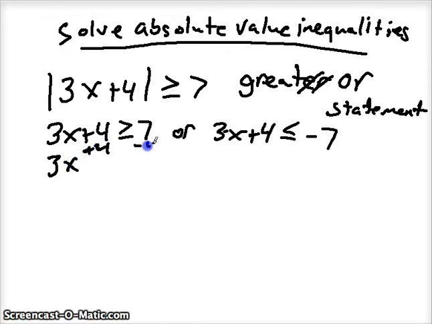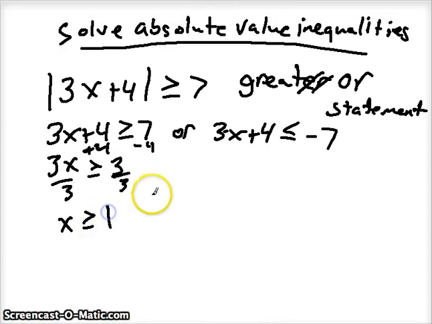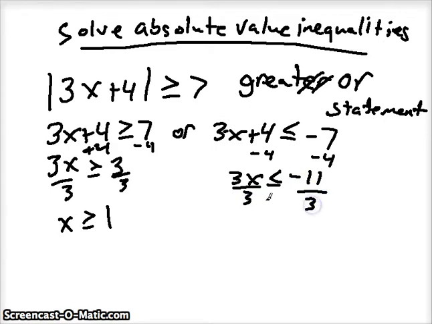So solve it the same way we would any other one. Subtract 4 from both sides. So we get 3x is greater than or equal to 3, and then divide by 3. So x is greater than or equal to 1. And this side over here is going to be subtract 4 from both sides, and 3x is less than or equal to negative 11, and divide by 3.